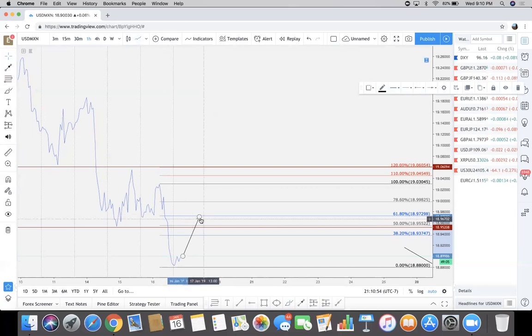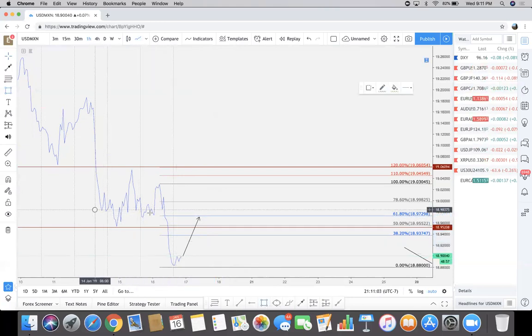I like the 61.8 level a little bit better. It's the golden Fibonacci ratio, and you also have all of this little minor support right there as well. So I'd be looking for sell opportunities. This is in a very, very heavy downtrend. There's absolutely no way that I'd be buying this pair. I'd wait for this to pull back.